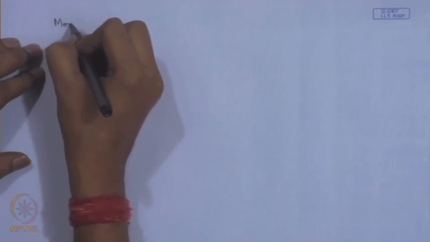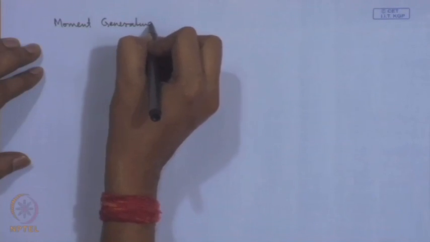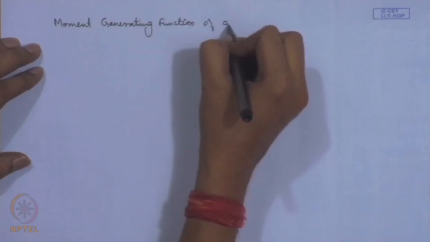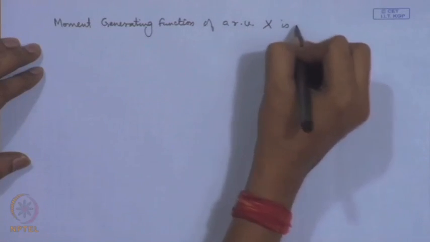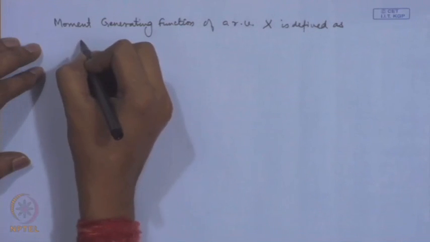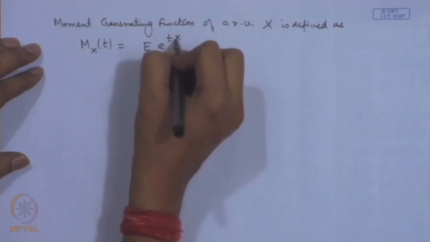In the context of the characteristics of a distribution, there is one important function which is called the moment generating function of a distribution. So, moment generating function of a random variable x is defined as M x of t, that is equal to expectation of e to the power t x.